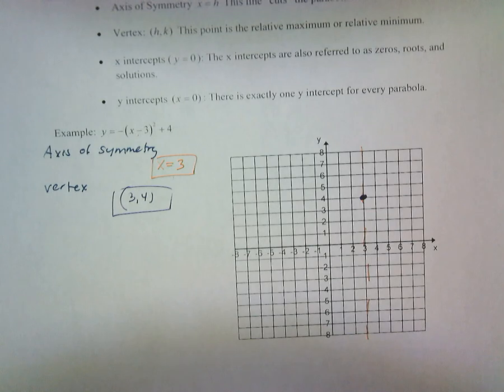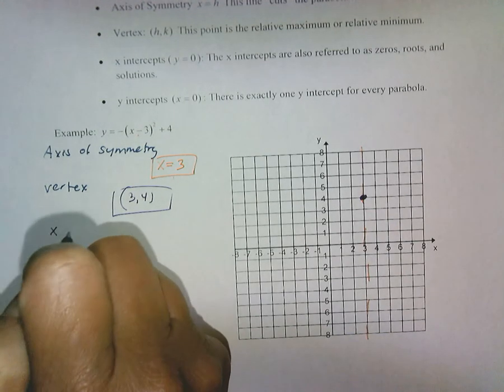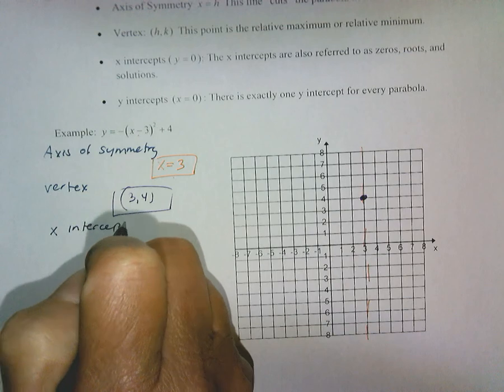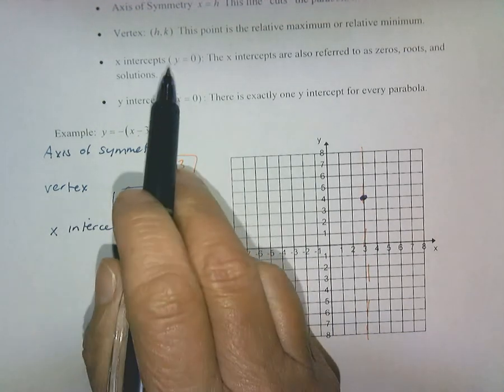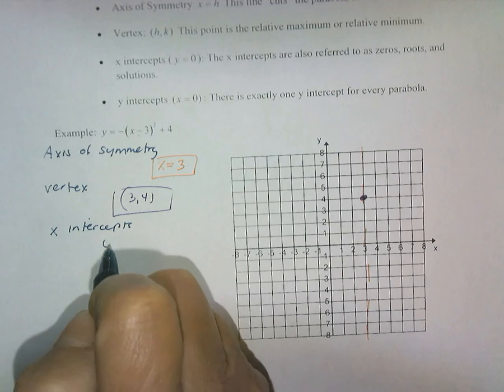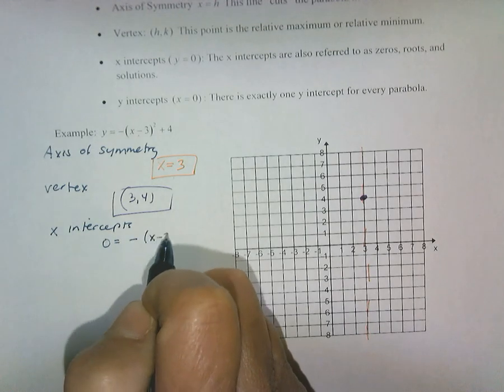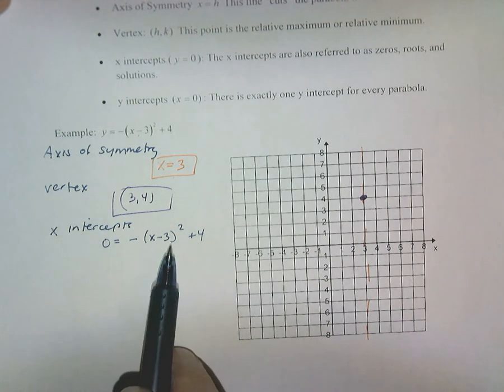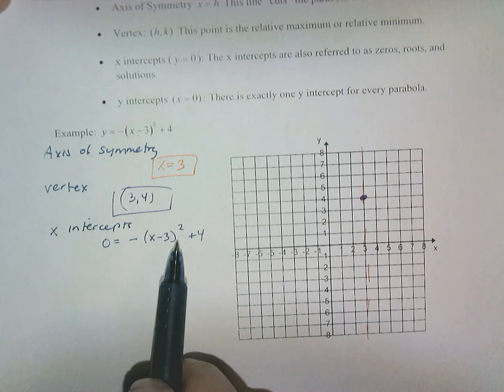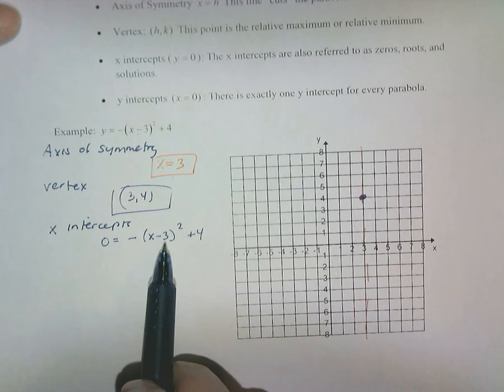So to figure out where it goes to, I'm going to first find x-intercepts. So my x-intercepts, y equals 0. So I'm going to put 0 equals negative (x minus 3) squared plus 4. One of the things we did in the second unit when we were talking about quadratics is solving quadratic equations. So I'm going to solve this using the square root method.